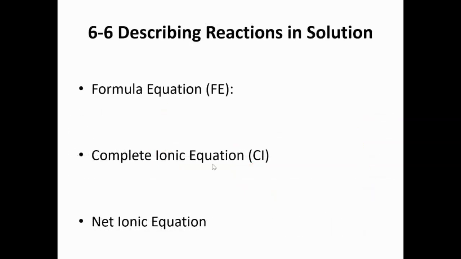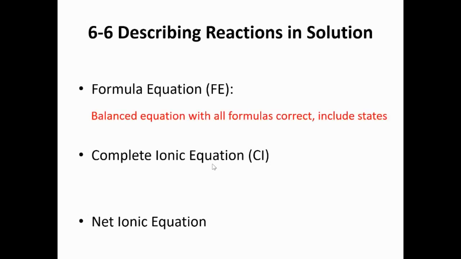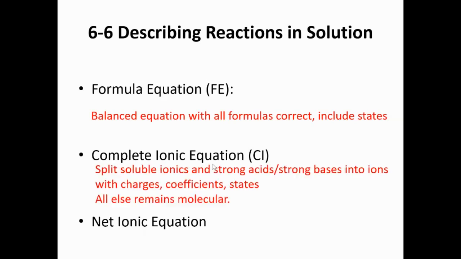When we look at reactions, like we were talking about earlier, the precipitation, the acid-base, the redox reactions, we have 3 different ways of expressing these reactions. We have the formula equation. This is the balanced equation with all correct formulas, including states of matter, and we would balance that equation. Next, we have the complete or total ionic equation.